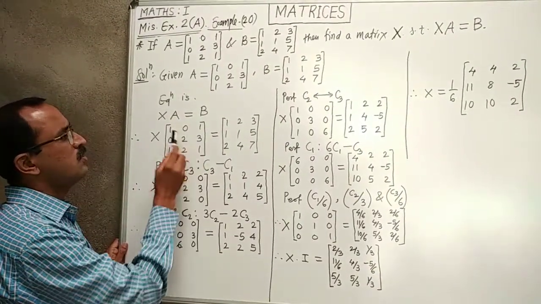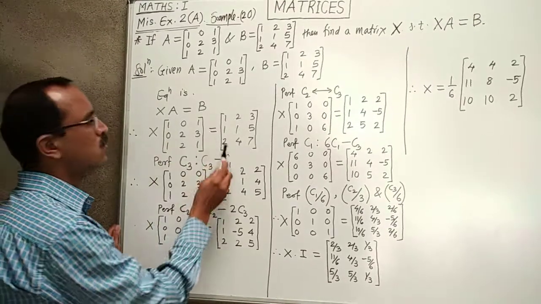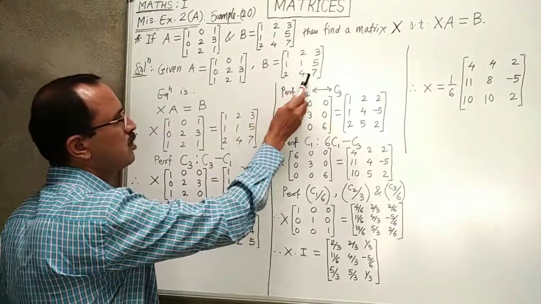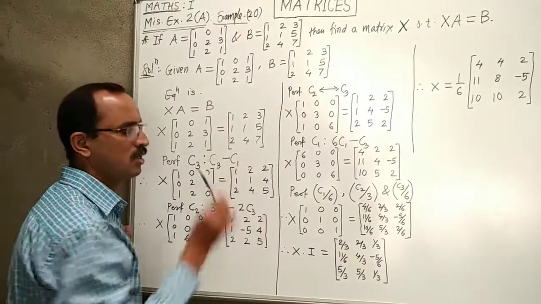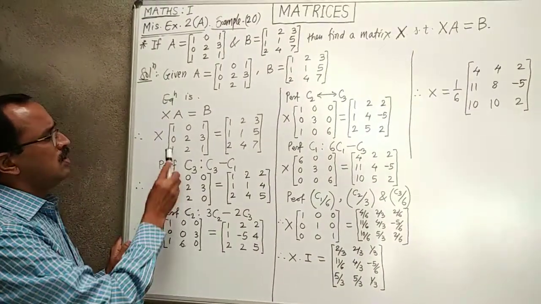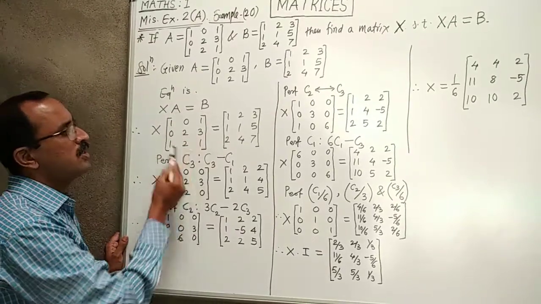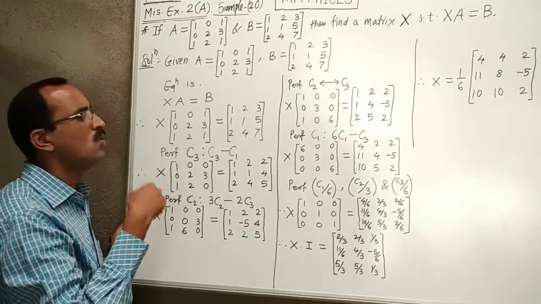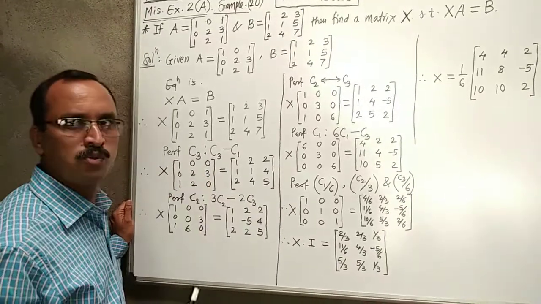X into matrix A, 1 0 1, 0 2 3, 1 2 1, is equal to the B matrix already given, 1 2 3, 1 1 5, 2 4 7. Here we use the same method. Now to find X we have to change this matrix A into the identity matrix by using column transformation.